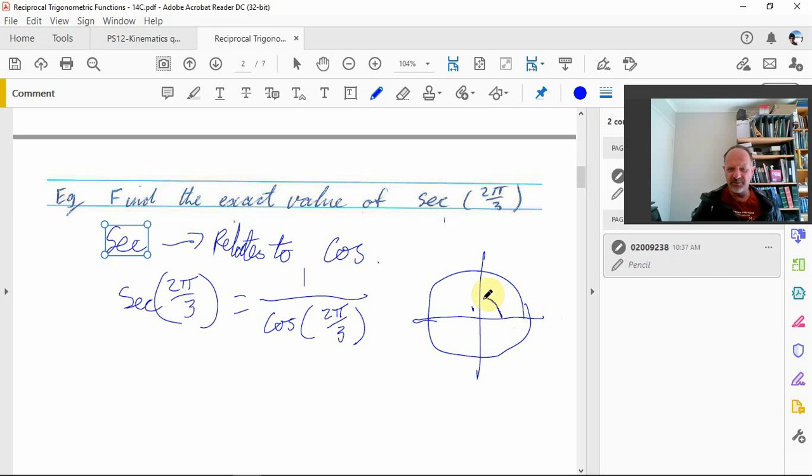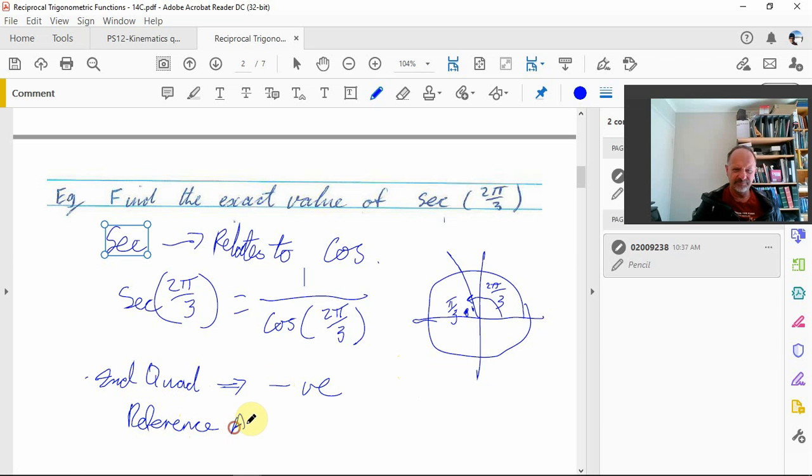There's our circle, 2 pi on 3 is over there. This angle, our reference angle, is pi on 3. And so we've got all the information we know. So it's second quadrant, and in second quadrant, cos is negative. Our reference angle, already done that, and that's pi on 3.